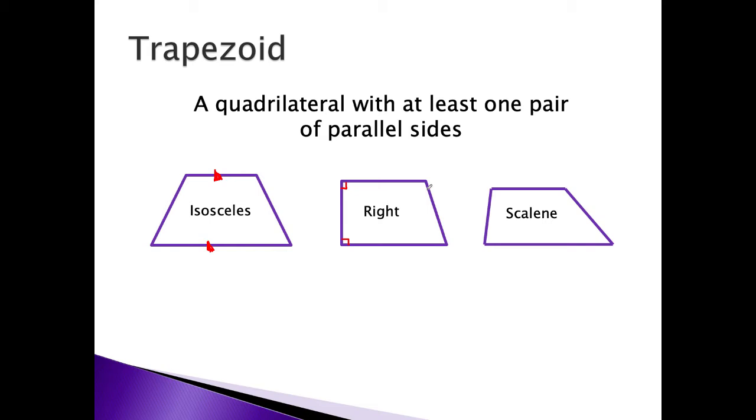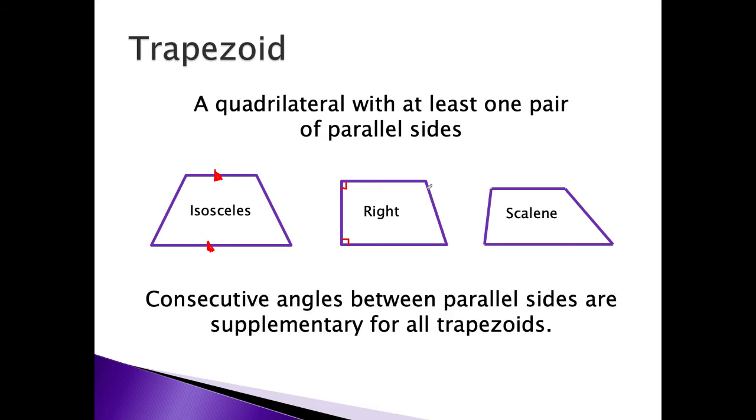All trapezoids have the property that consecutive angles between parallel sides are supplementary. So imagine, and I'm going to do this on the scalene, that this side is parallel to this side, so then this is our transversal.